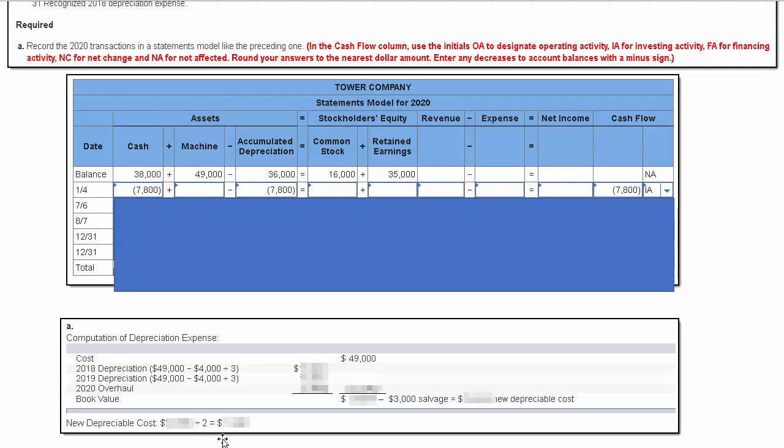So now we have to take the new revised cost, the book value, and divide it by the 2 years we have left. Okay? And that's how you calculate what the new depreciation amount is. And then you want to reflect it in our financial statement model format up here. Okay? So I think that'll be helpful to you in working through this one.